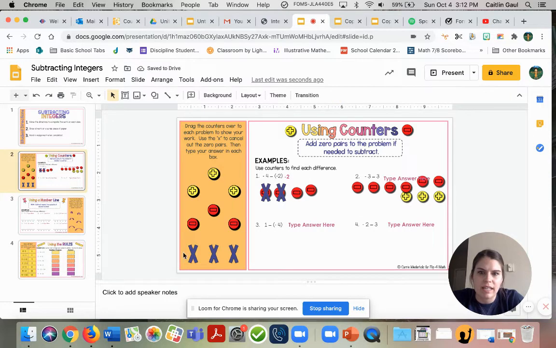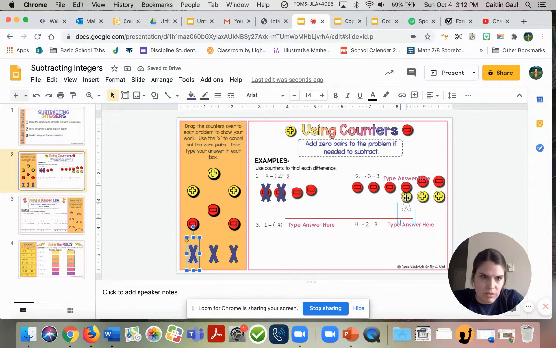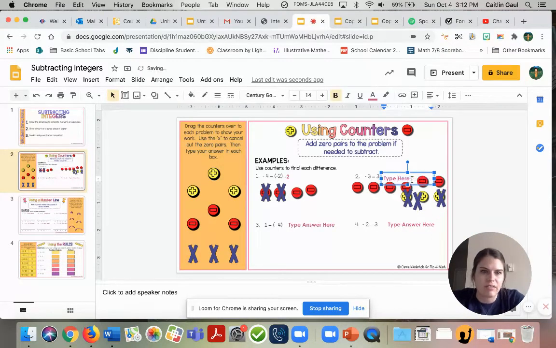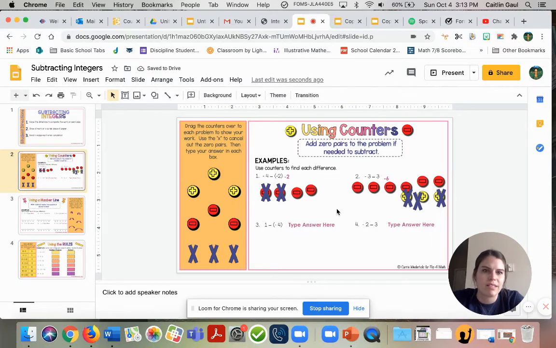And now I can get rid of those 3 positives because I was able to create a 0. And I'm left with 1, 2, 3, 4, 5, 6 negatives. So if I type my answer here, -6. That's a little confusing.